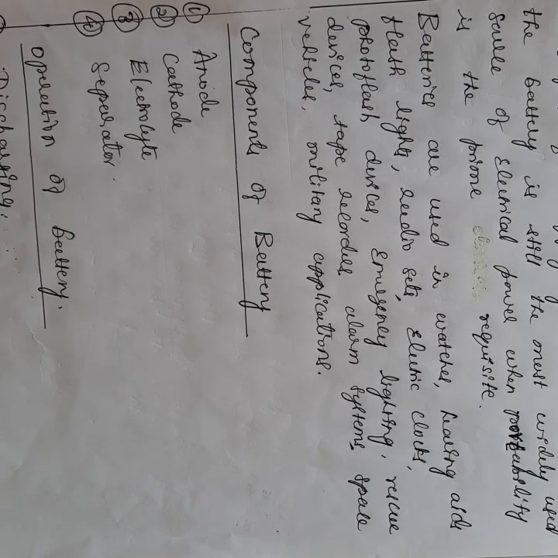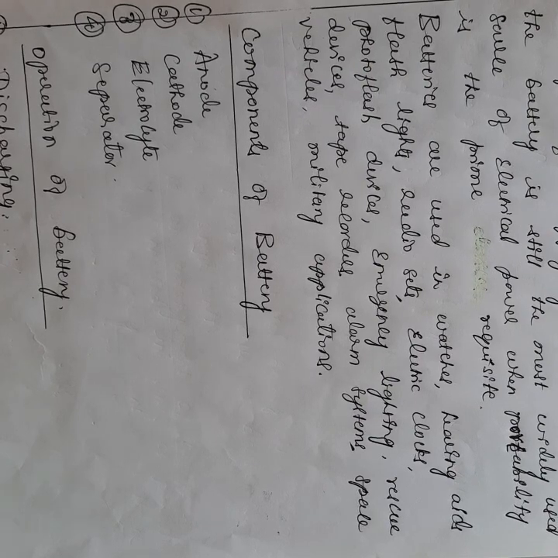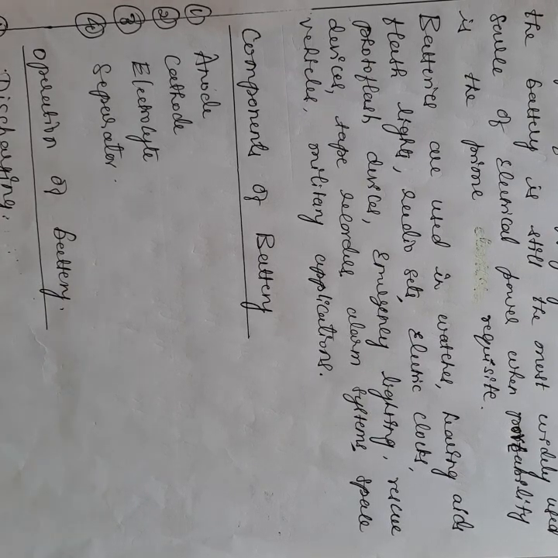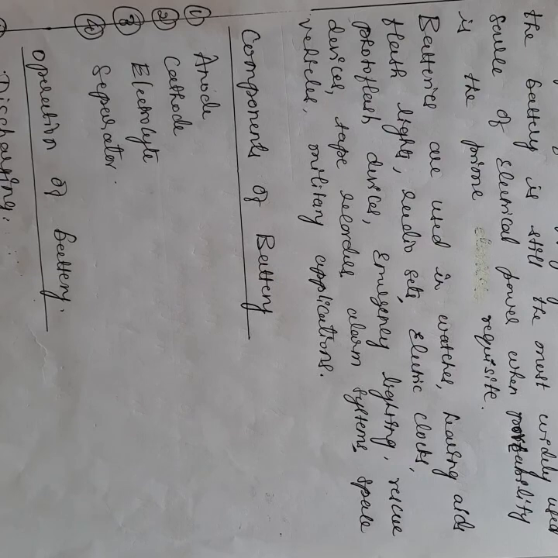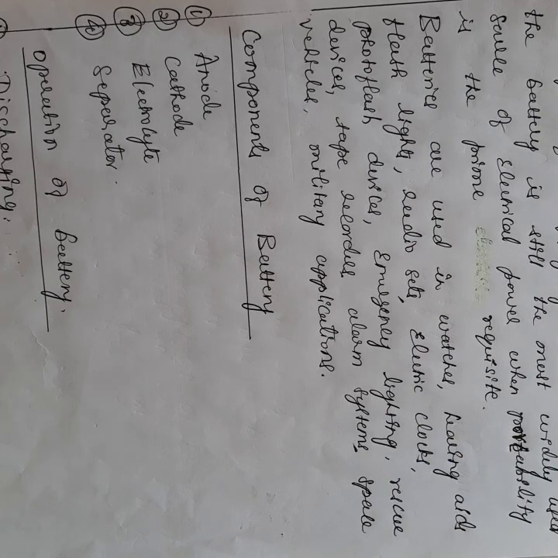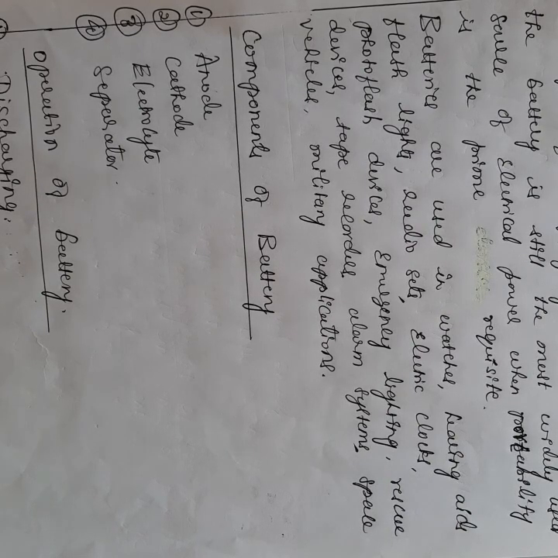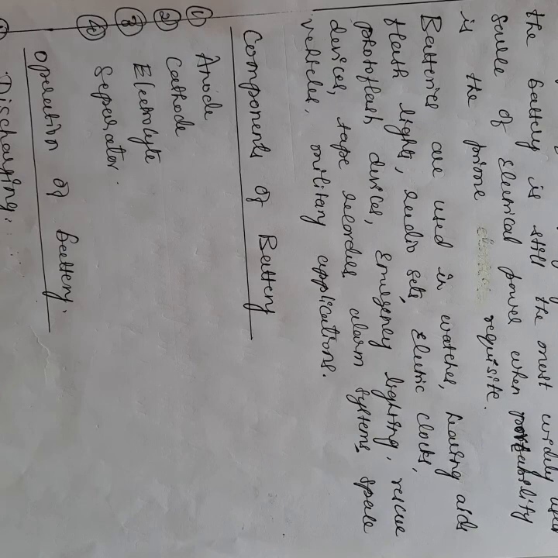Its main function is to separate the constituents of the anodic compartment from the cathodic compartment. Vinyl polymers or Nafion membranes can be used as separators. These are the components of batteries.